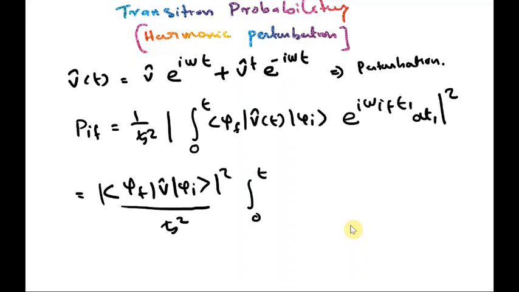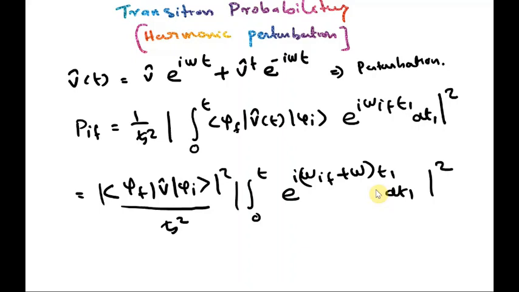Now here is e to the i omega t and here is e to the i omega_if t. So this combines to e raised to i (omega_if plus omega) t1 dt1, square of that. So this is the first term.